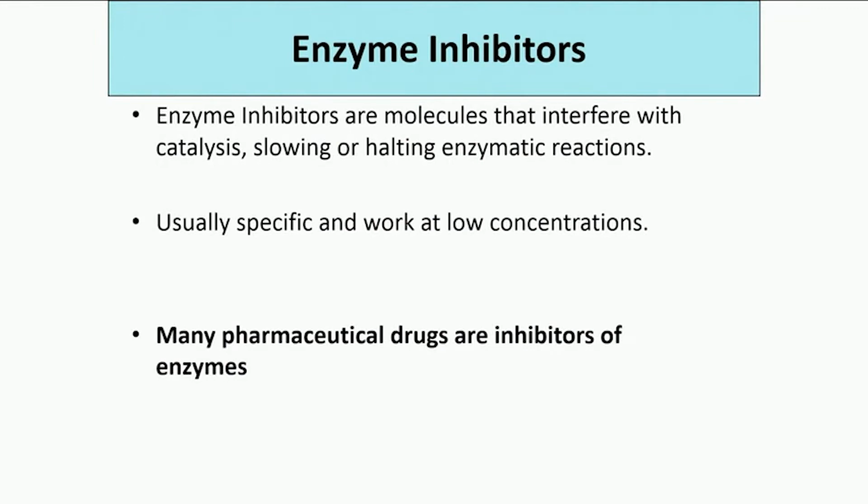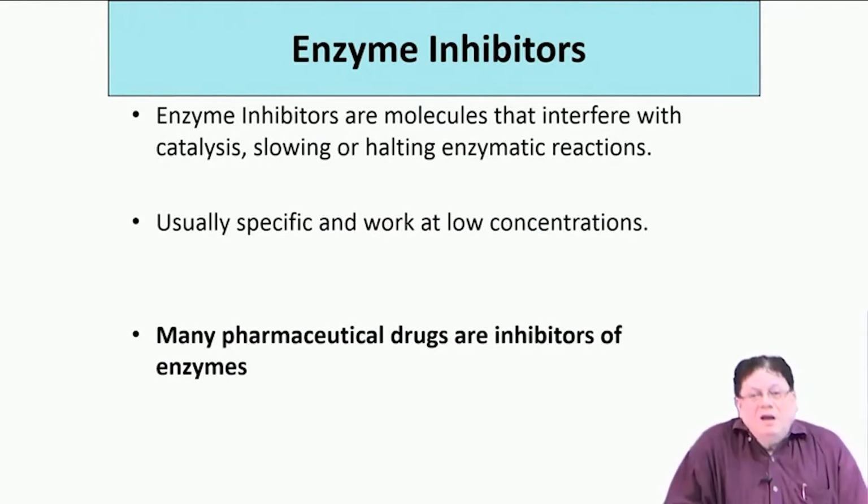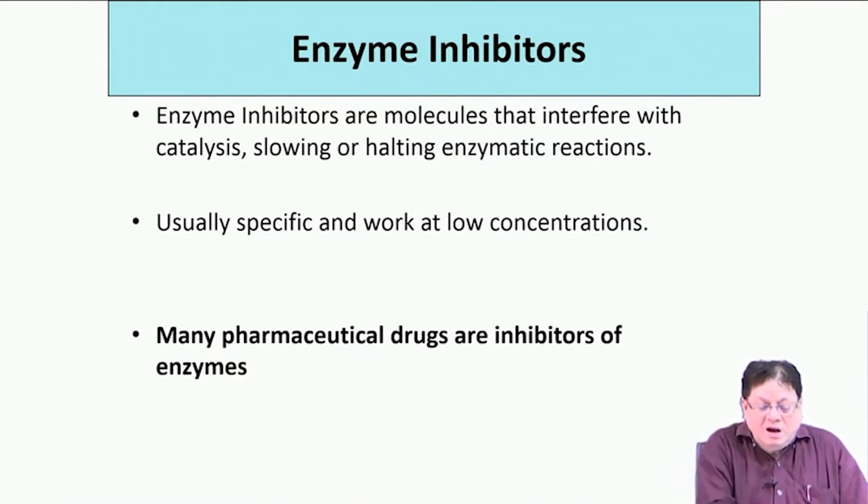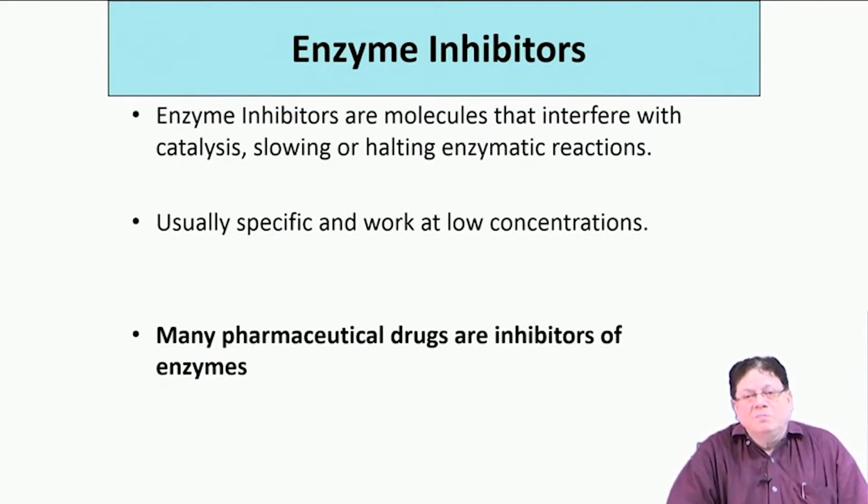This is just a single example, but there are a multitude of examples where enzyme inhibitors are pharmaceuticals, they are drugs, and they inhibit a particular type of enzyme. About 60% of the drugs are inhibitors of enzymes or receptors.